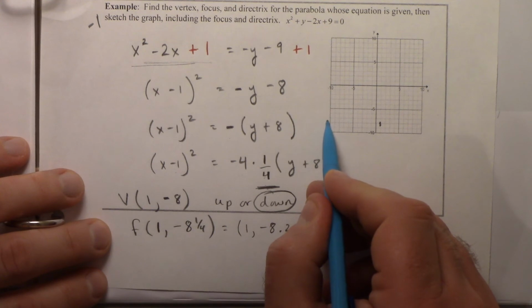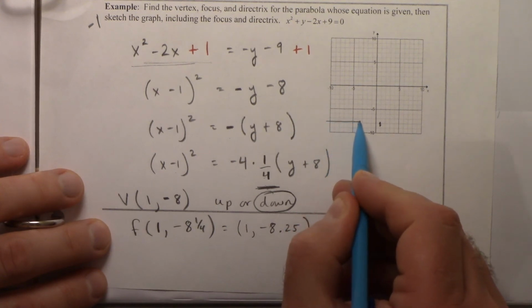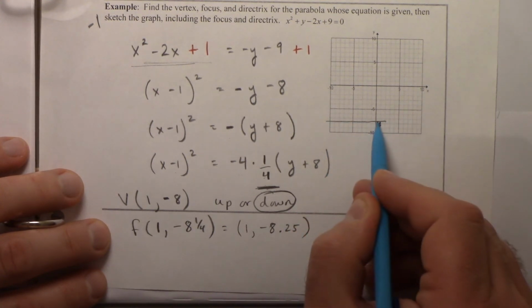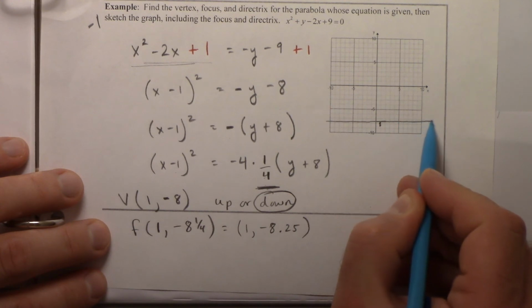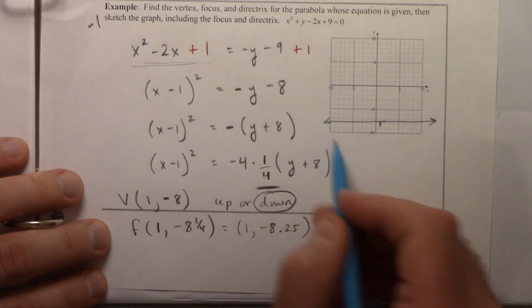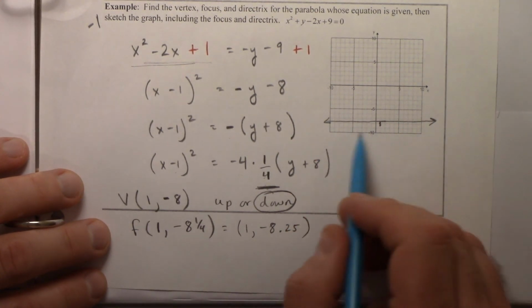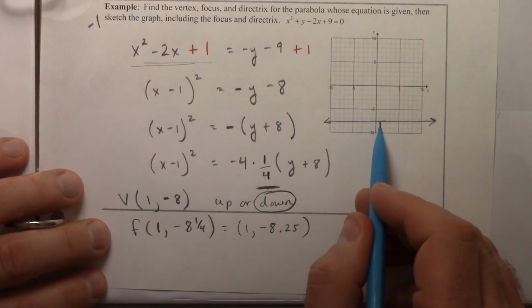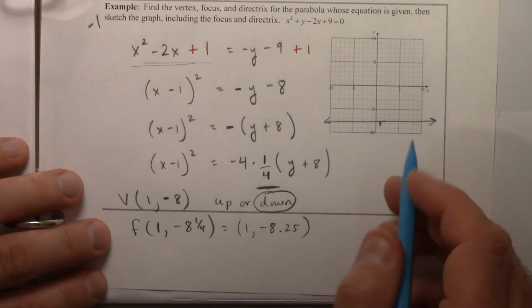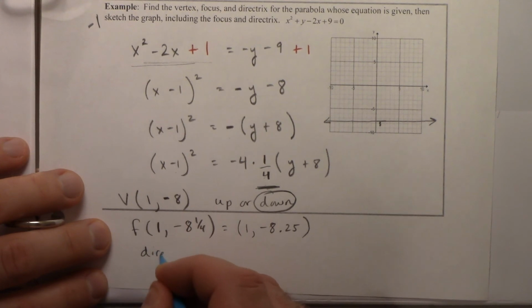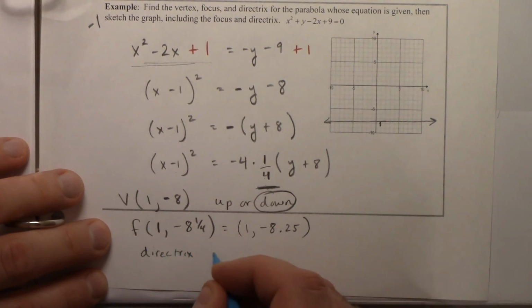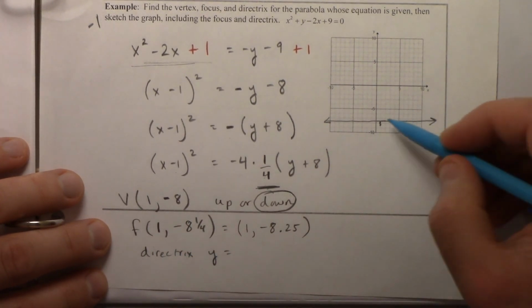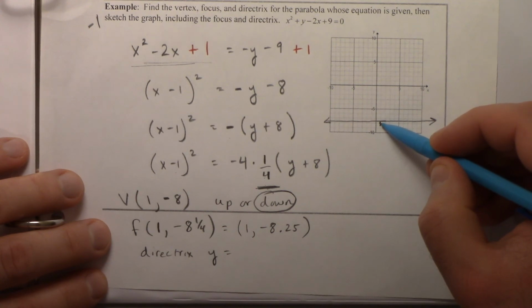The directrix, start over, so go to that vertex point, go up just a little bit, just go up a fourth, and you're going to have a horizontal line. And like I said, just do your best on the graph. I know it's tight down there. So go ahead and write this equation. Notice it's horizontal, so the directrix here would be y equals, this started at 8 for the vertex.